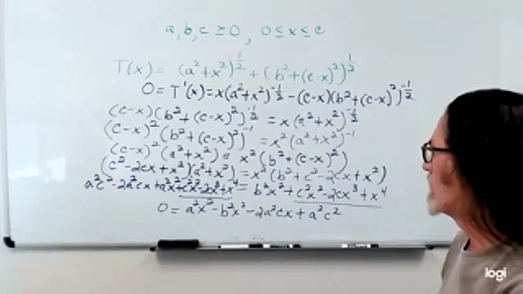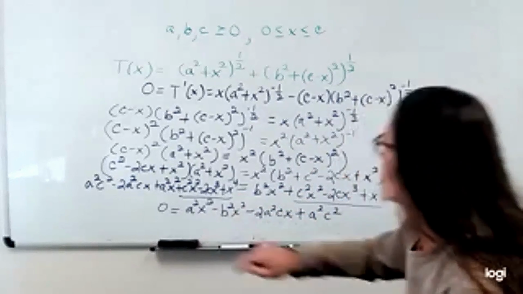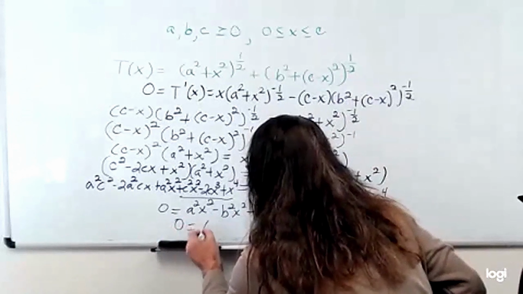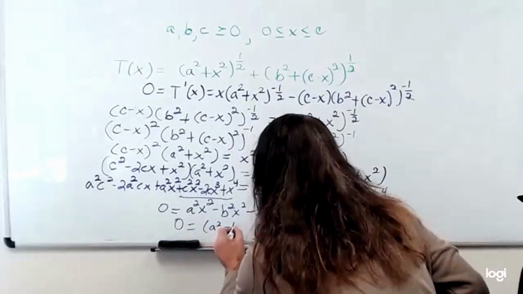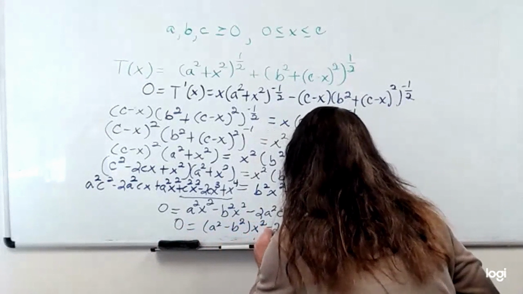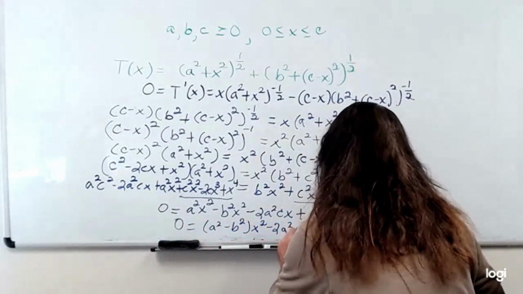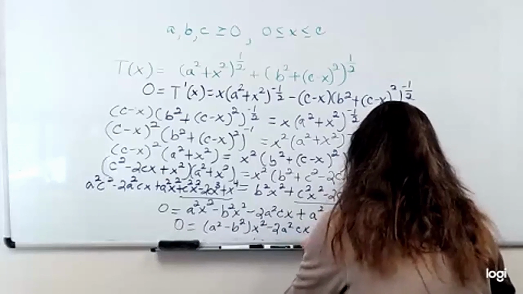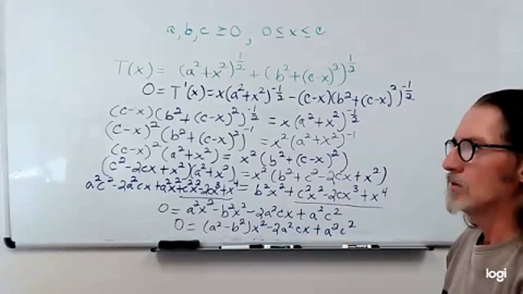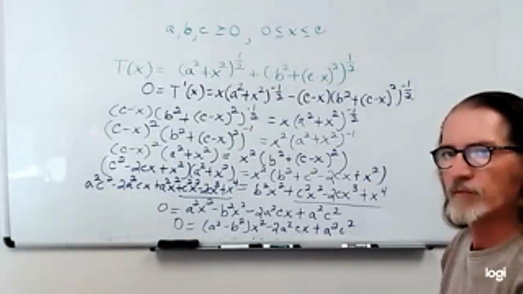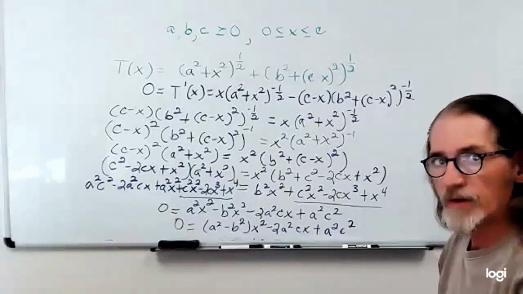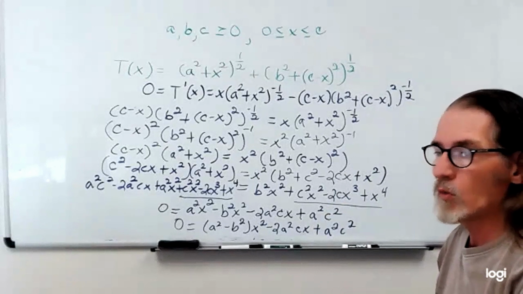And furthermore, I will factor the x squared out. So solving that for x will hopefully let us find the critical value or values.